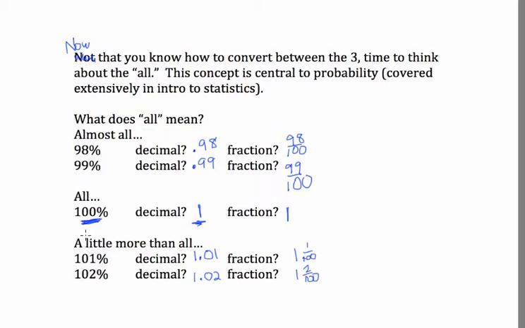But we don't use that language. We usually say, the chance of rain today is 1. So you have to start thinking of 1 as being all. And if you can understand that concept now, it will help you a lot when you do get to probability.